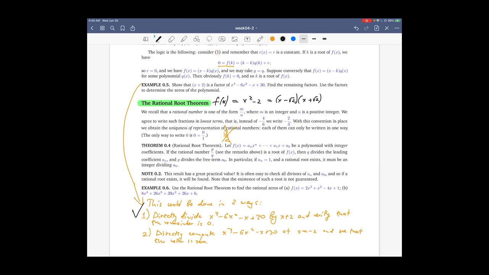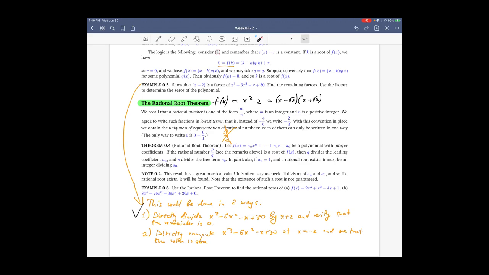Certainly it has roots. Those are plus minus square root 2, but neither of the roots is a rational number. If you didn't know how to find them, the rational root theorem wouldn't help you. The rational root theorem only works when it's known that a rational root exists.